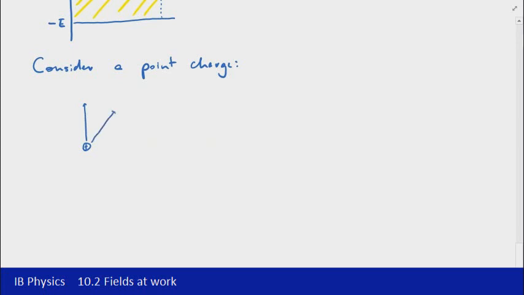So the field lines around a point charge radiate outwards, and that means that the field strength decreases with distance. Instead of using D here for distance, we're going to use R for the radius, so how far away it is.